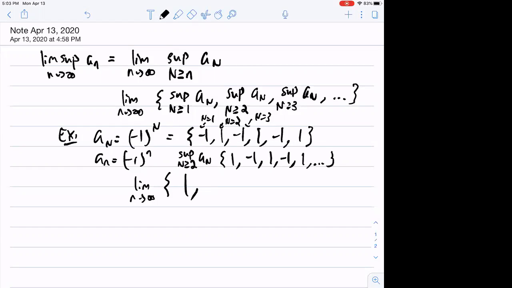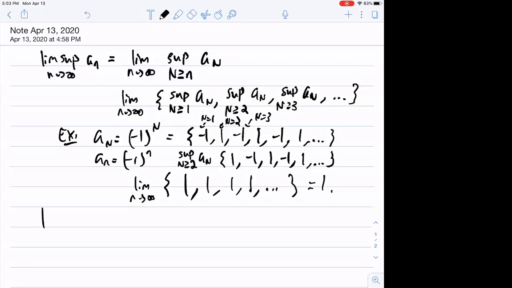And the sup of this is still 1, right? So what's the limit of this sequence? It's 1, right?